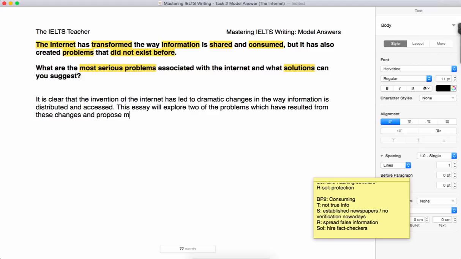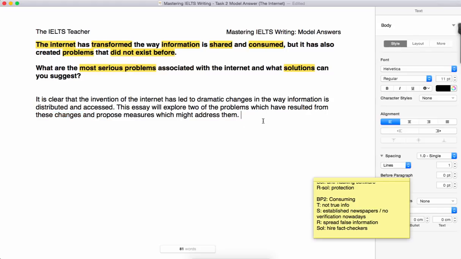I don't recommend it in general, but you are showing an understanding of collocation with the verb propose and the noun measures, and you're not using the word solutions, you're paraphrasing, and propose measures which might address them. And again, you could argue it's a little bit memorized, but in a way we are actually referencing again, and you would only be able to reference if you'd specifically set the sentence up in that way.